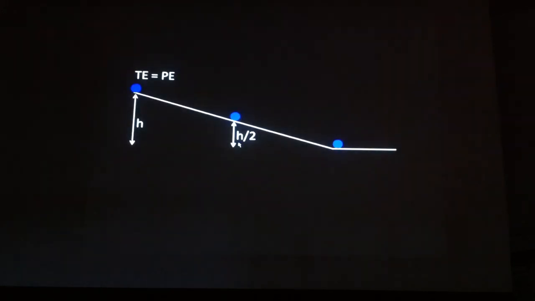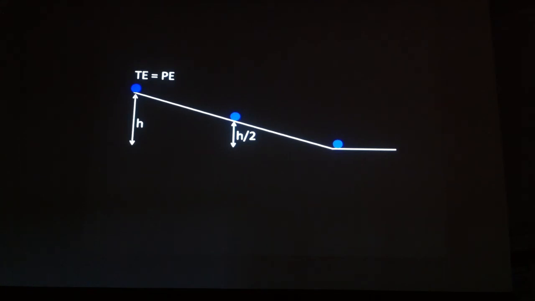So let's look at an example that we looked at today in class: a ball rolling down a hill. In fact, yesterday in class, you actually made some calculations and some measurements. If we look at a ball at the top of a hill of height h, we'll notice that all of the energy of that ball, before we've released it, is in the form of potential energy.